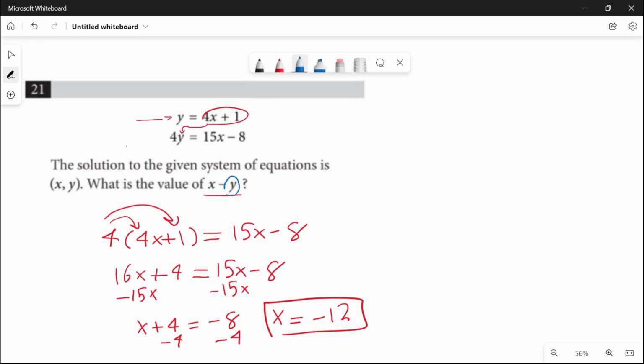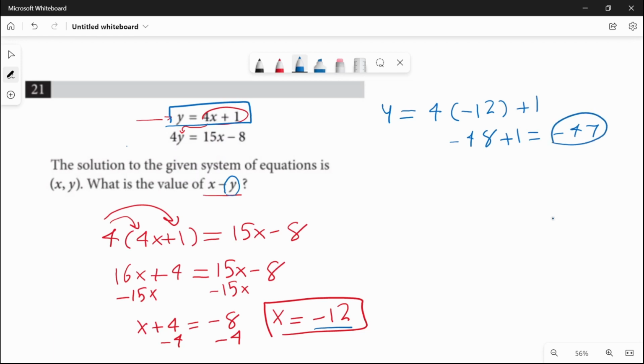We can find the value of y by plugging in the value of x we just found into the first equation given. So we will have y equal to 4 multiplied by the value of x, which is negative 12, plus 1. 4 multiplied by negative 12 is equal to negative 48, plus 1 is equal to negative 47. So y is equal to negative 47.